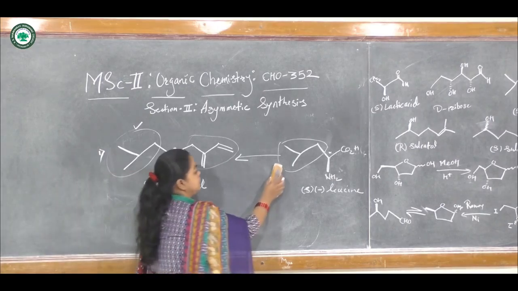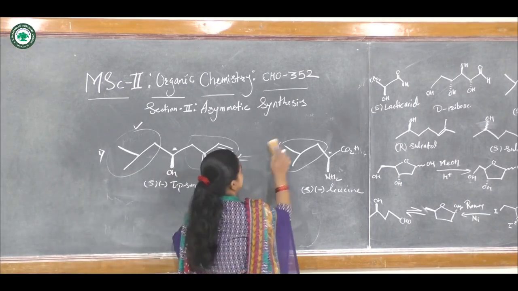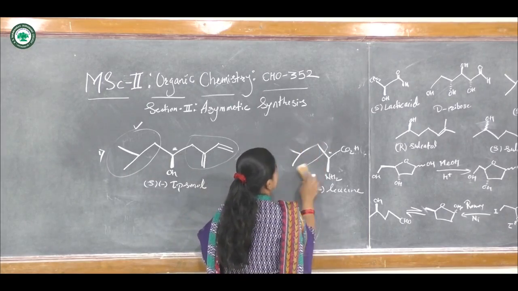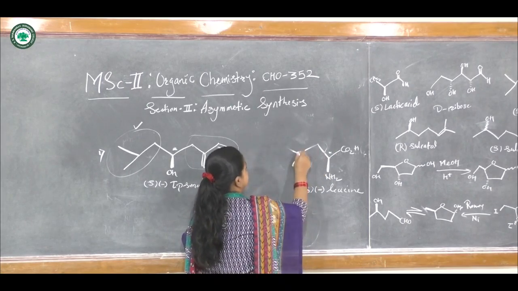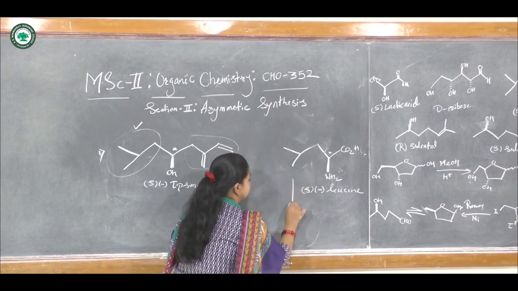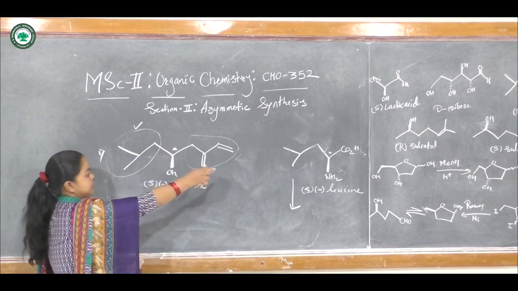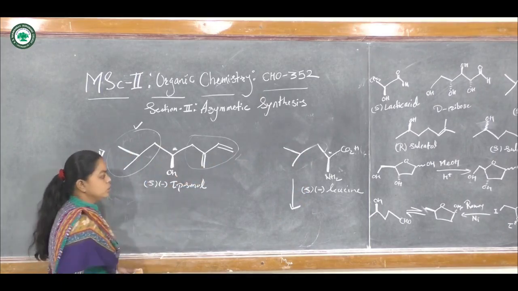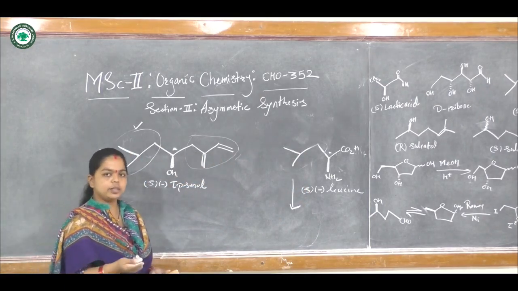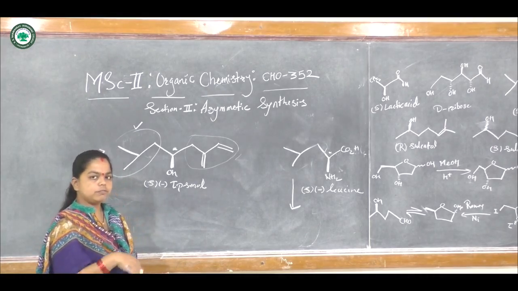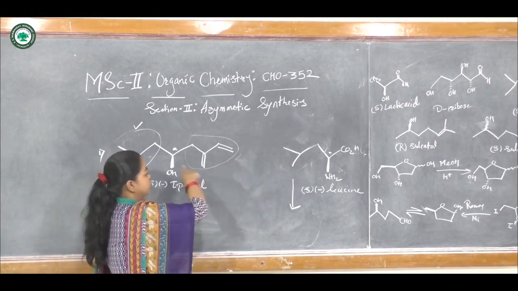Now let us start with the leucine. The isobutyl group is already present here, so it is necessary to convert the NH2 and CO2H groups into OH groups. Our first objective is to convert NH2 into an OH group.